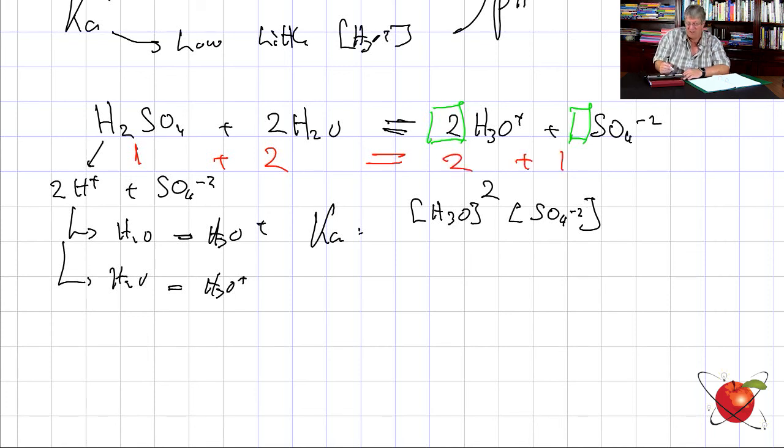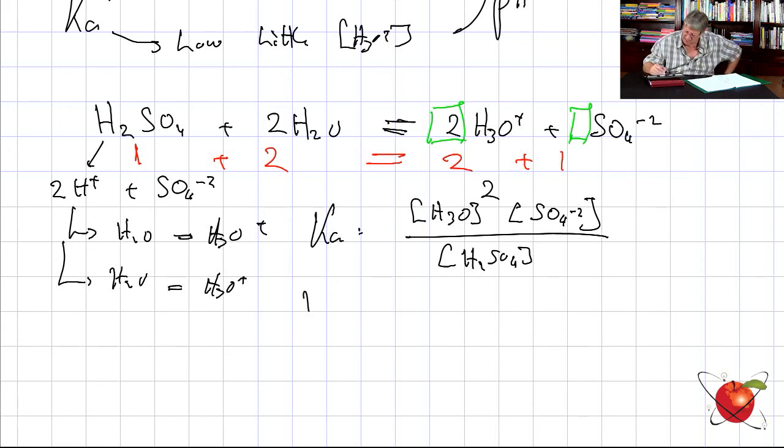So every mole of acid that dissociates or ionizes gives us 2 moles of hydronium ion. And lastly, at the bottom we've got our H2SO4. Can you see the use of the exponent there? This is going to be a high number. And the pH is going to give us the acidity.